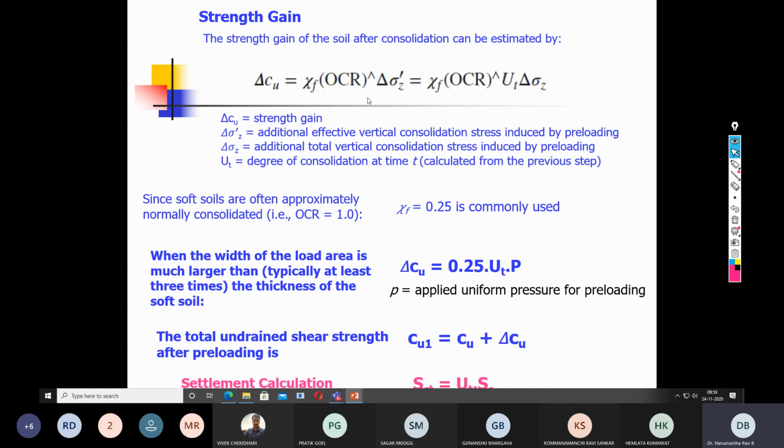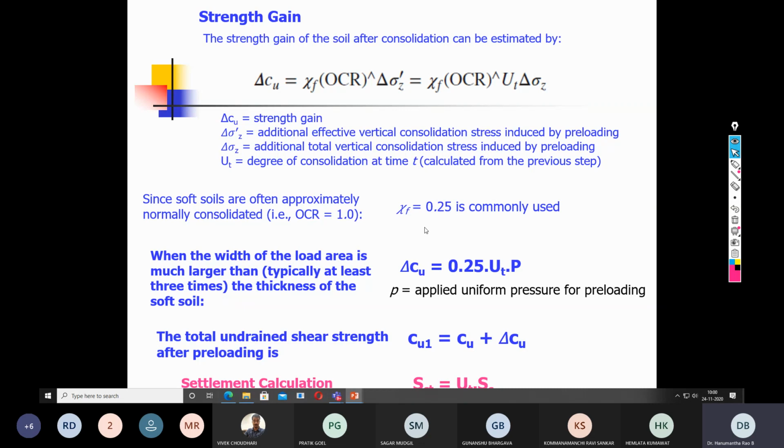So this is the same strength gain equation given by different people, and further information on the strength gain of the soil after consolidation: delta Cu is equal to chi f into OCR power, the same equation. Some more information: since soft soils are often approximately normally consolidated, where OCR is 1, chi f can be taken as 0.25.